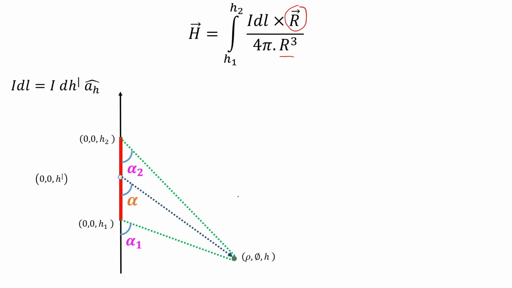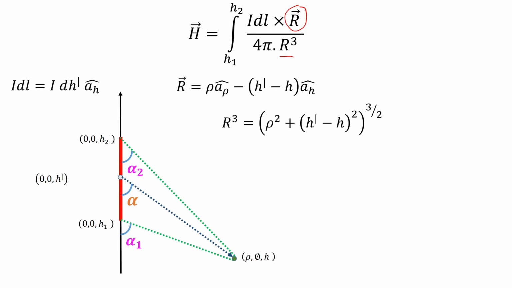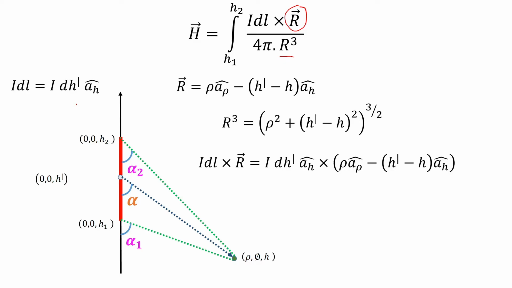Now I have my I dl to be I dh dash a z cap, and I have my r bar to be rho a rho minus h dash minus h a z cap. Now if I cross them, you may see that cross product of like vectors would be 0, so I would be remained with only this term.